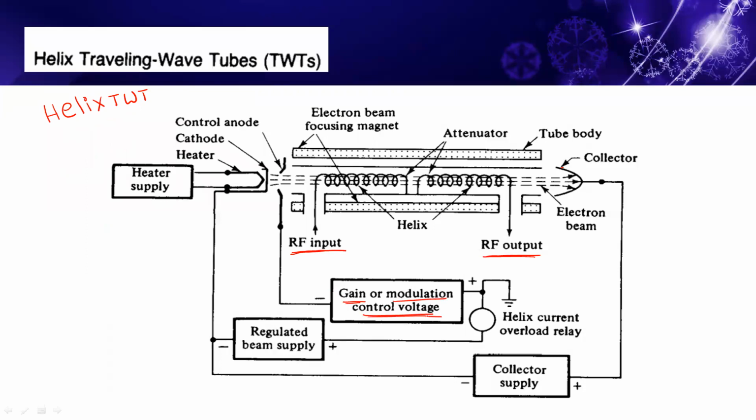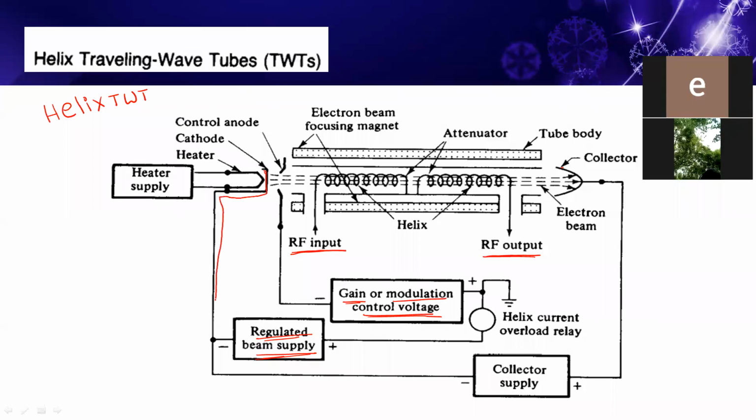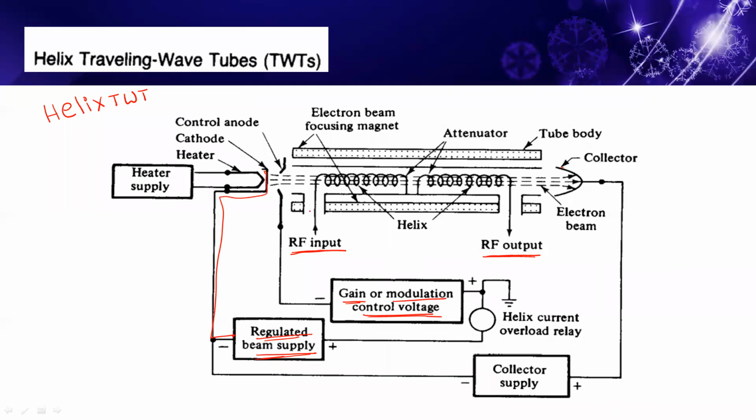Then the regulated beam power supply. The cathode is directly connected to the negative terminal of the regulated power supply.